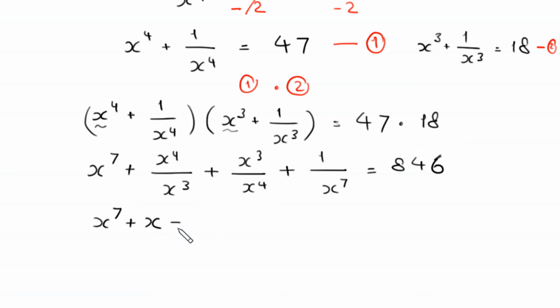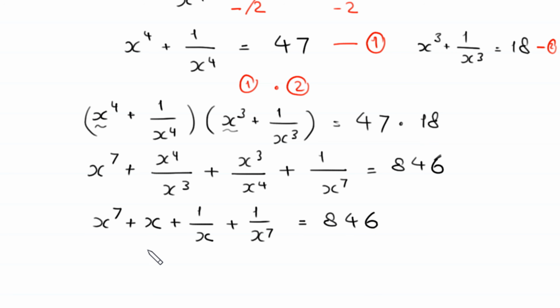Next, x to the power 7 plus this x to the power 4 divided by x cubed will become x plus this x cubed divided by x to the power 4 will become 1 over x plus this 1 over x to the power 7 is equal to 846.